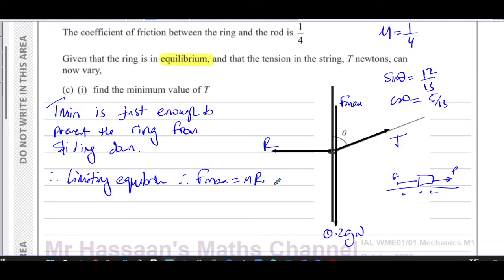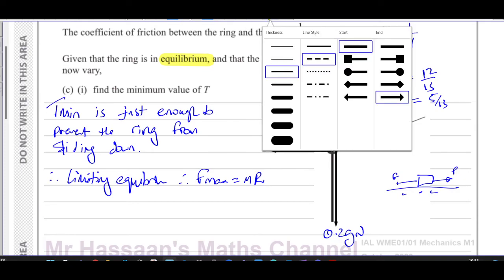So in this case, the minimum value of T is going to be the value of T such that this thing is about to slide down and the frictional force has reached its maximum possible value, because together the component of T in this direction and the friction are going to stop this thing from sliding down.